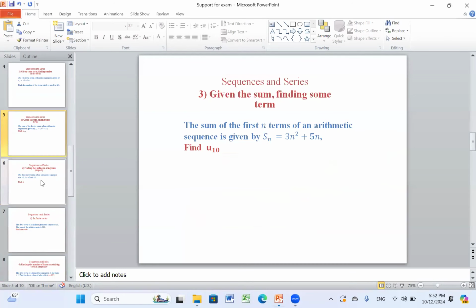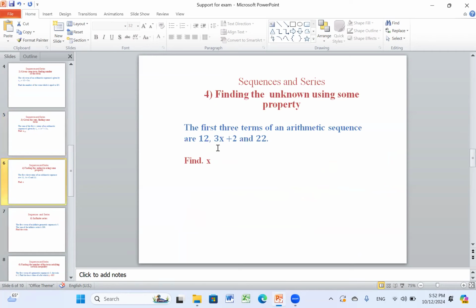So another type of question that we usually encounter in paper one, algebra topic, is finding the unknown using some property. So we are looking for some unknown term, unknown variable, but we are requested to use some property.